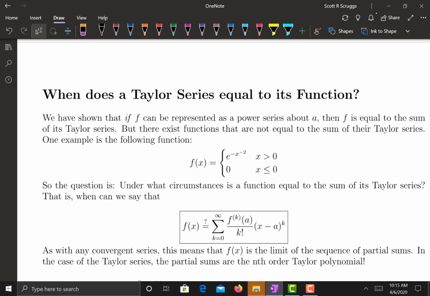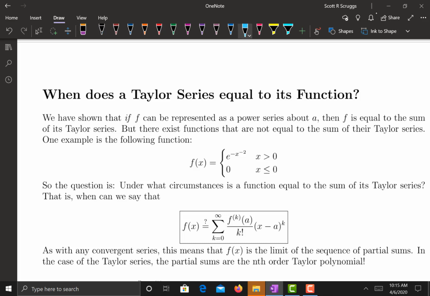So, what we have shown is that if f can be represented as a power series, then f is equal to the sum of it. But what makes it harder is that there are some tricky functions where they are not equal to their Taylor series. And one example that I gave was this weird guy, f of x, which is e to the negative x squared for all positive numbers, and then 0 everywhere else.